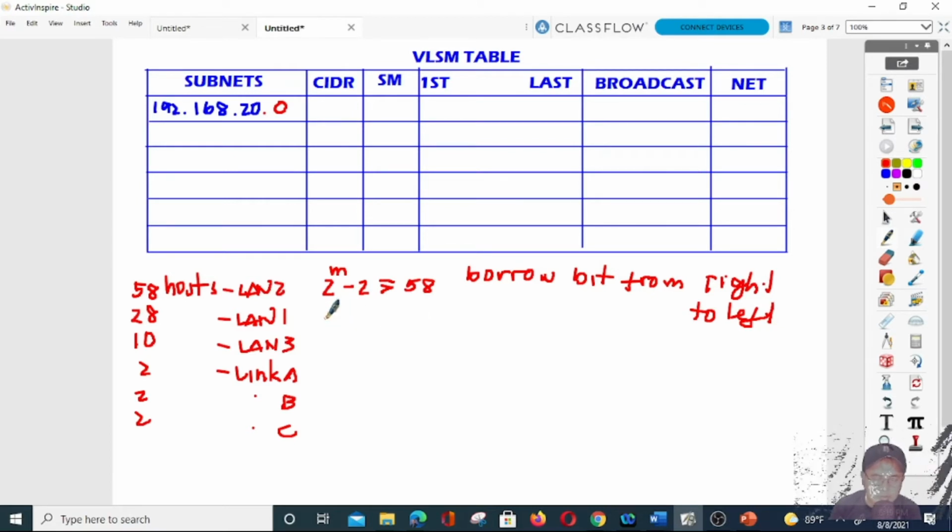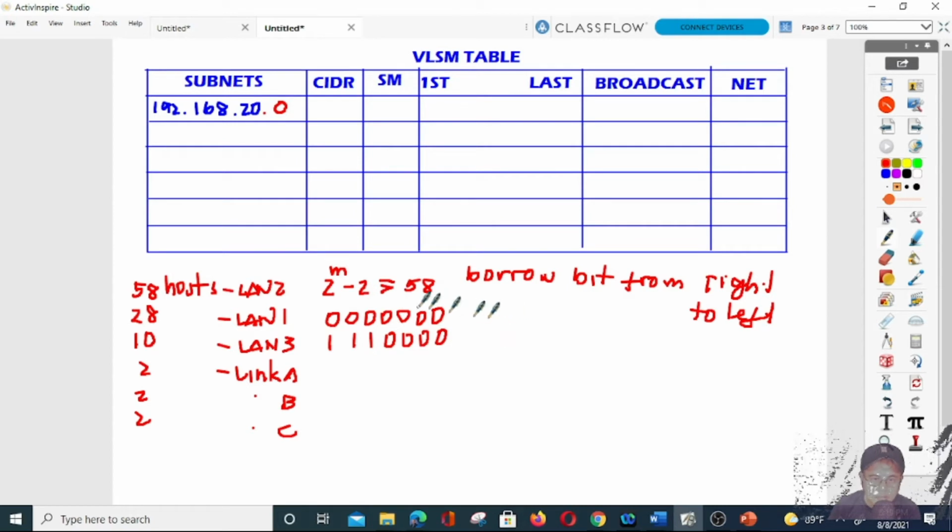If our subnet mask after subnetting, the original 1, 2, 3, 4, 5, 6, 7, 8, we borrow bits from the host portion. This is the new last subnet after subnetting.